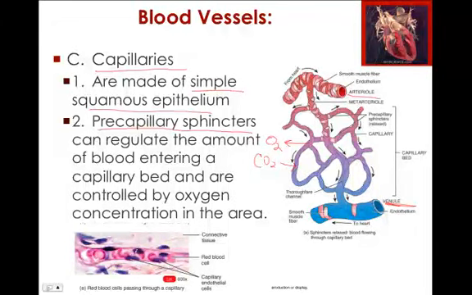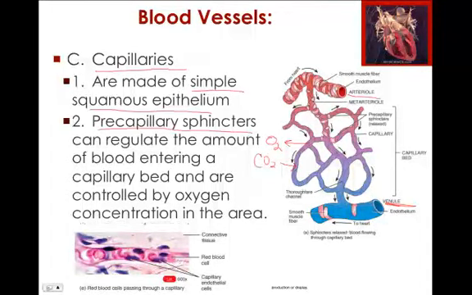But real quick, this is pretty cool. This is actually a slide of a capillary, and what's cool is you can see in the capillary that the capillaries are so small that the red blood cells actually move single file through them.